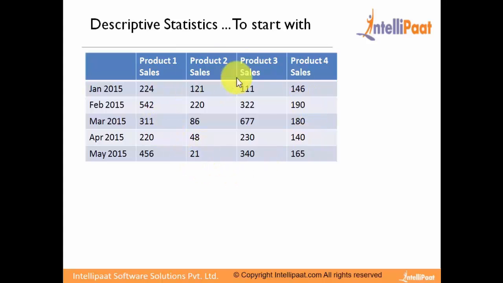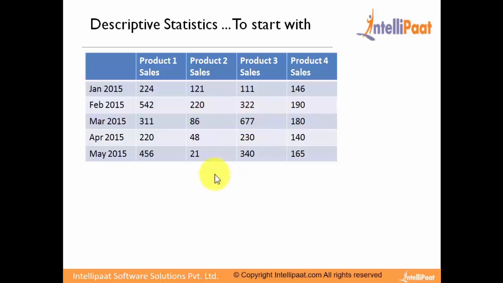Before we infer anything, let us get the summary of the data. If you look at this with the naked eye, I can say there is a very good number of sales in February. For product 2 also there is a good number of sales in February, whereas in product 3 there is a good number of sales in March, and in product 4 in February.